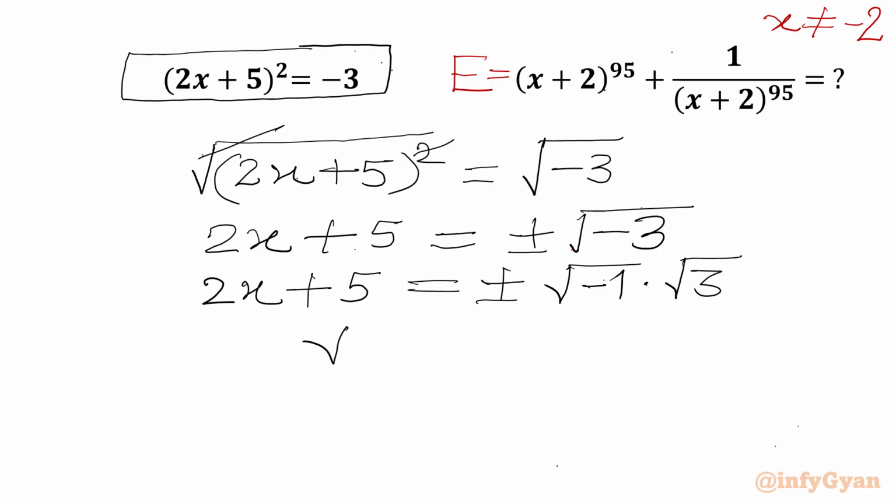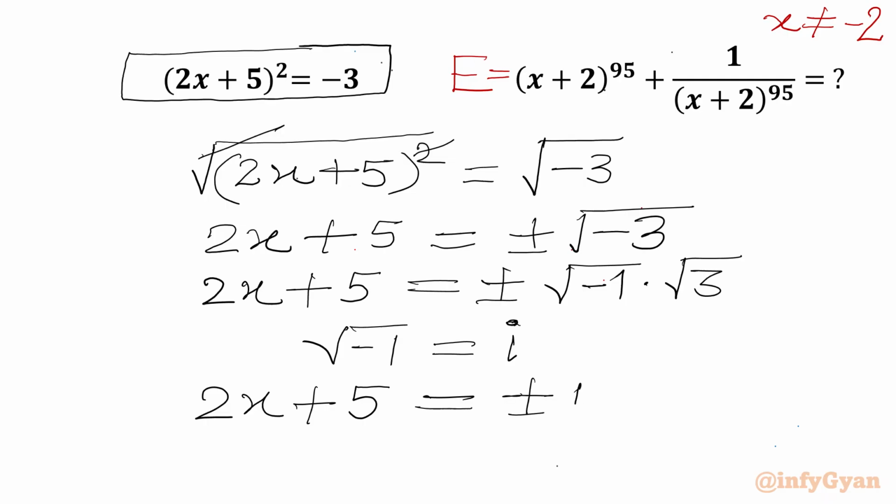Now we know that the square root of minus 1 is the complex number i. So 2x + 5 will be equal to plus minus i times square root 3.